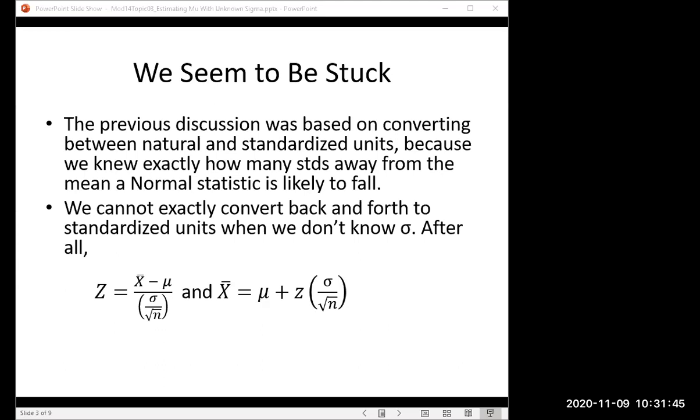And we could work that out, because each standard deviation of x bar was worth sigma over root n minutes.